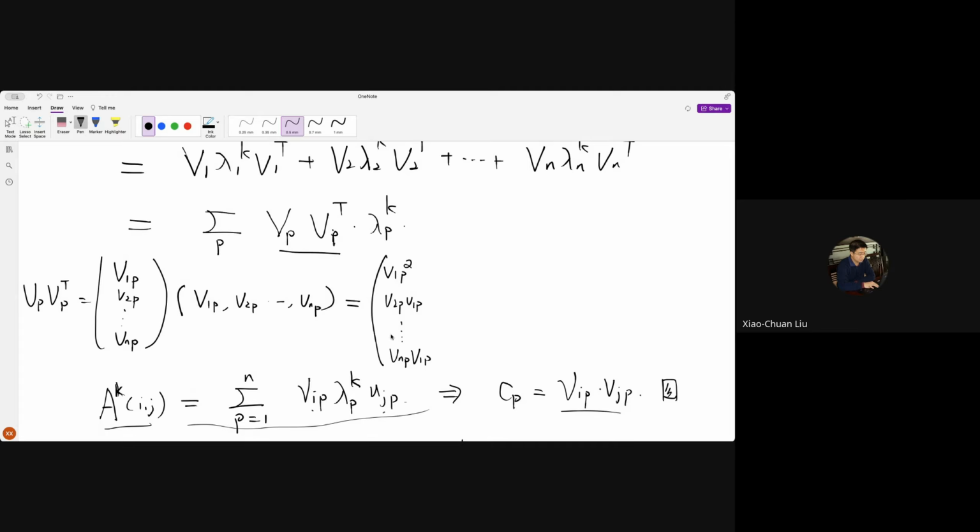This is the first column, so we just multiply by this number here. And the second column, you multiply by this number here. So you have V1p V2p, V2p squared, and here Vnp V2p. And here you have V1p Vnp, and you have Vnp squared, something like this.